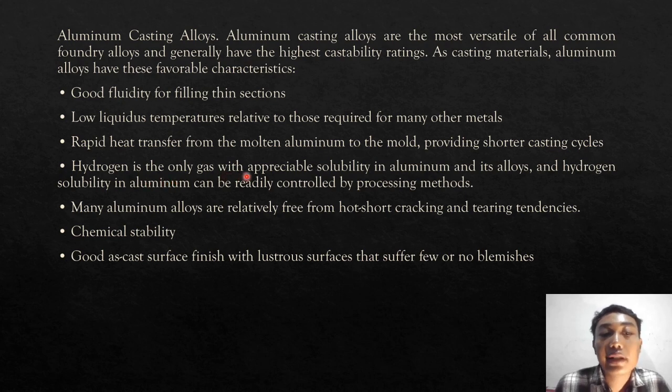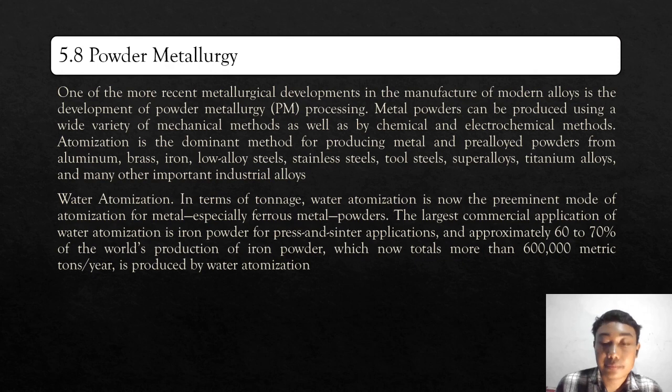Hydrogen is the only gas with appreciable solubility in aluminum and its alloys, and hydrogen's solubility in aluminum can be readily controlled by processing methods. Many aluminum alloys are relatively free from hot shortness, cracking, and tearing tendencies. Chemically stable, with good as-cast surface finish and lustrous surfaces that suffer few or no blemishes. And next, this is 5.8, powder metallurgy.